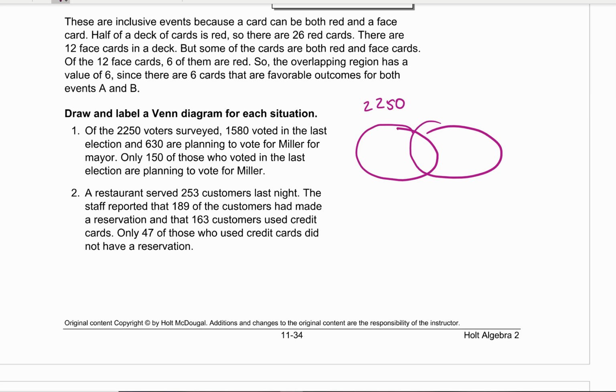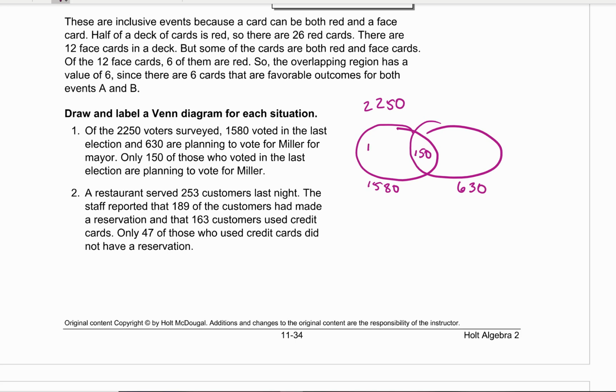We've got a total of 1,580 who voted in the last election. We've got a total of 630 that are planning to vote for Miller. We've got only 150 of those who voted in the last election planning to vote for Miller. So 150 are right there. Miller must suck. Okay, so what's left? Well, we got 1580 minus 150.